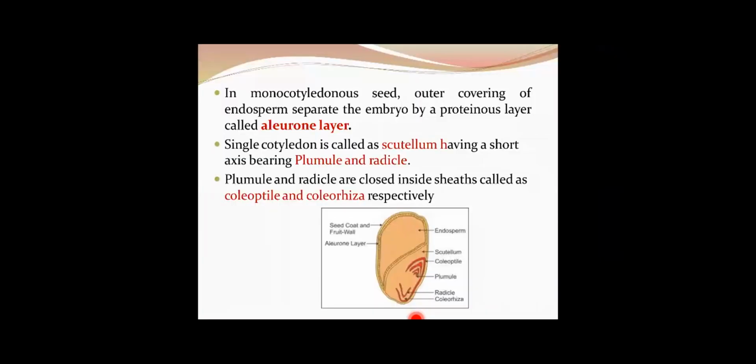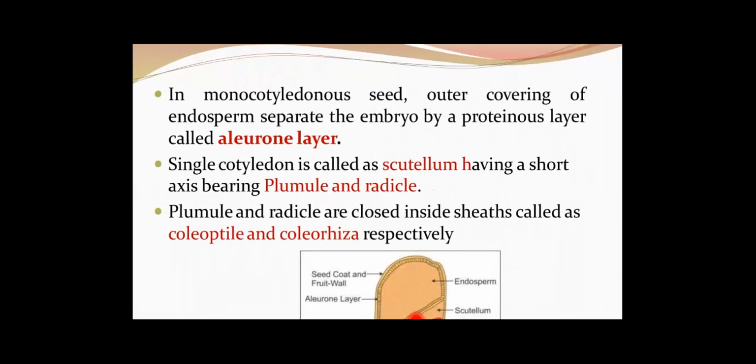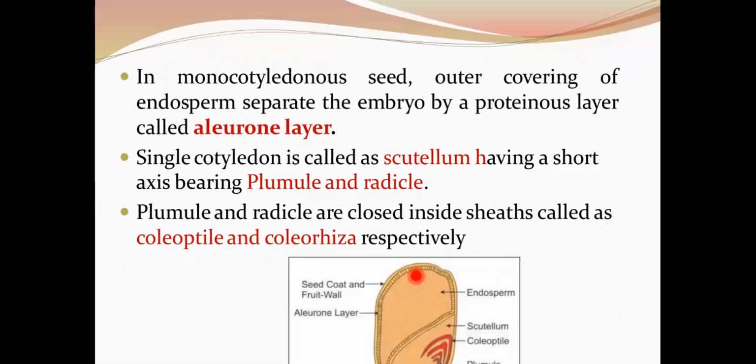Moving ahead, coming to the monocot seed, the structure of a monocot seed. In a monocot seed, the outer covering of the endosperm separates the embryo by a proteinaceous layer, and that layer is called the aleurone layer, which is a very important part here. The embryo will be small, and it is situated in a groove at one end of the endosperm.